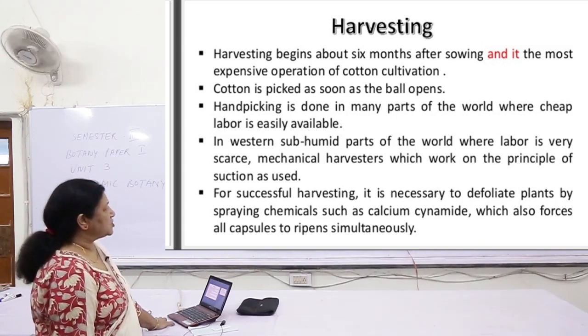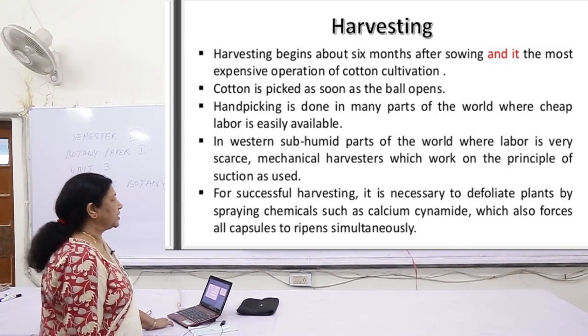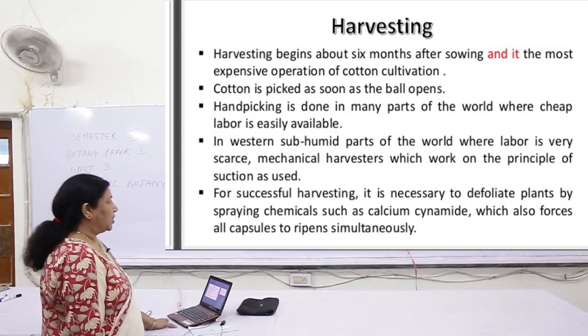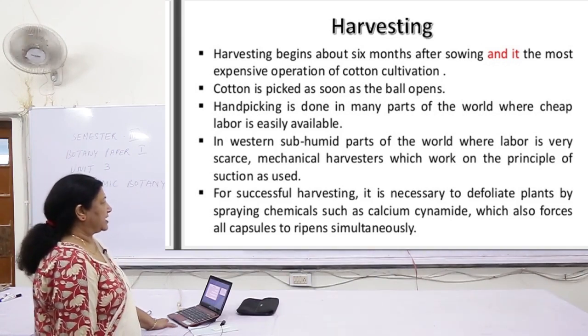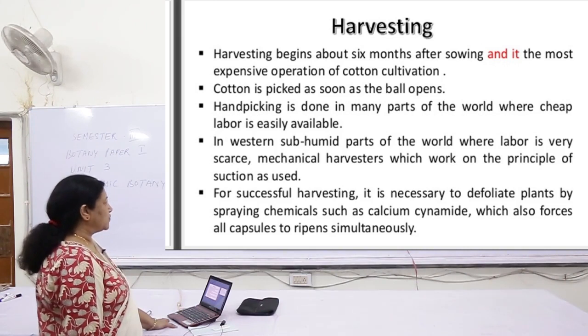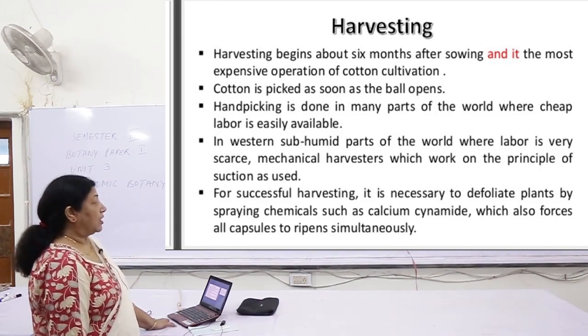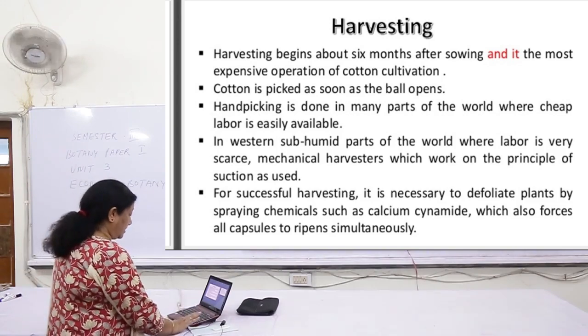In the humid parts of the world where labor is very scarce, mechanical harvesters work on the principle of suction. For successful harvesting, it is necessary to defoliate the plants by spraying chemicals such as calcium cyanamide, which also forces all capsules to ripen simultaneously. We all know that cotton comes out from the capsule.